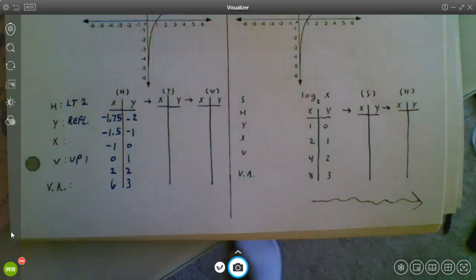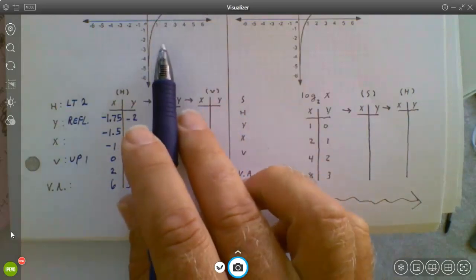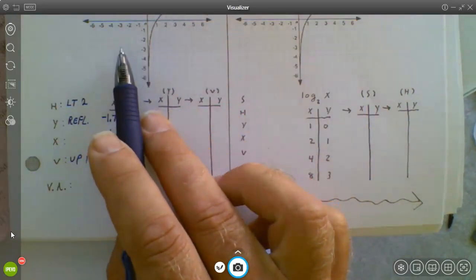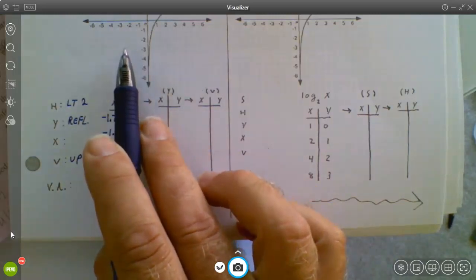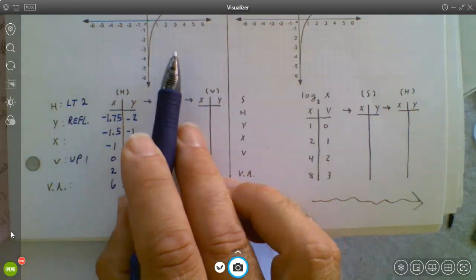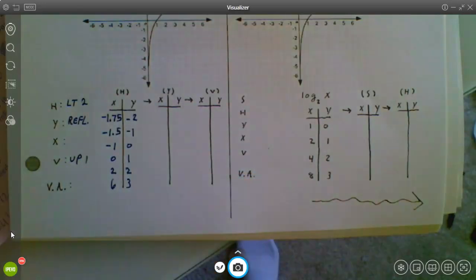So what happens to a point when you reflect it from over here to over here? What changes? Well, obviously, if I go from left to right, my y value doesn't change. I didn't go up or down, right? I went to the left. So what was positive became negative. What was negative would become positive. In other words, the x coordinate changes signs when you do this.